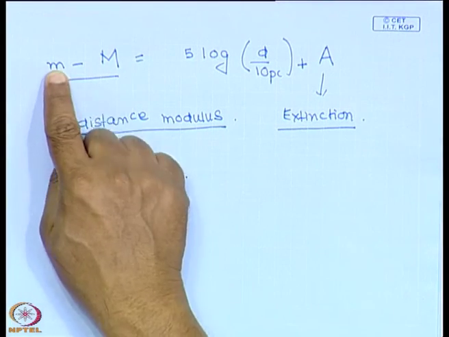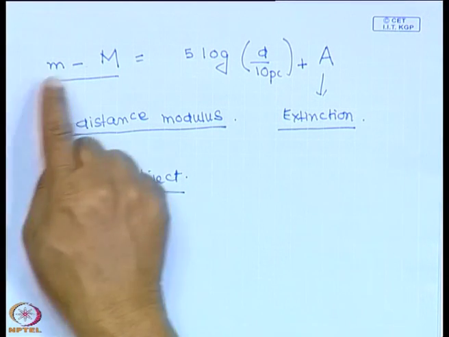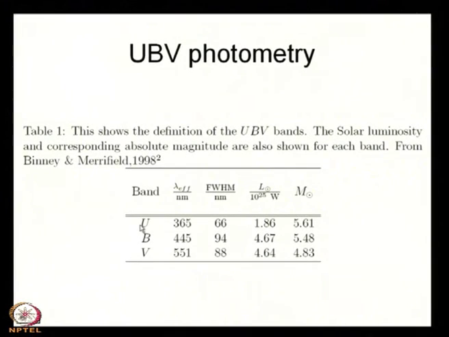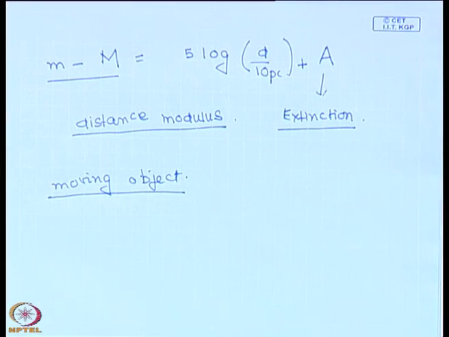The apparent magnitude refers to the flux measured by us. So, we are measuring, let us say, in the U band, and the object is moving towards us. Then what we measure in the U band could actually be in the blue band in the object's rest frame.